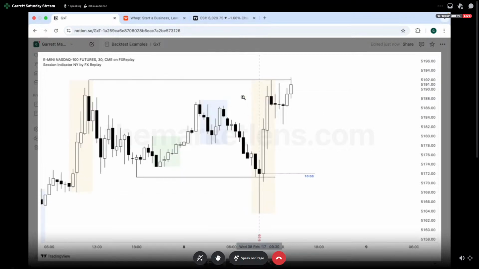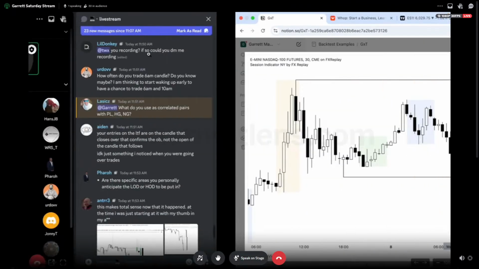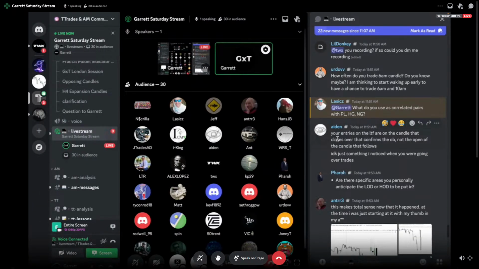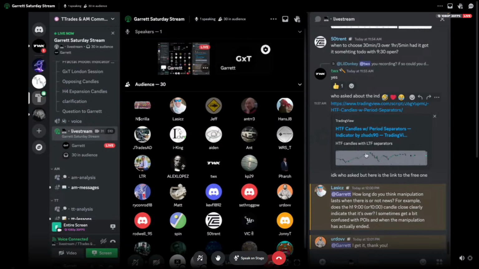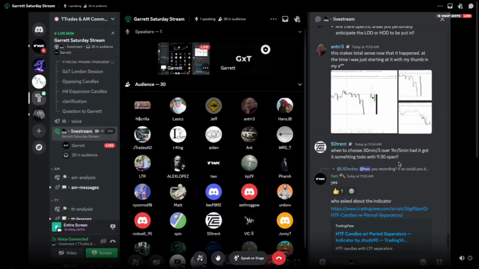It's the same thing because where the candle that creates the CSD closes is where the next candle just opens. Is that what you're asking? Yeah, pretty much. It's the same thing though.